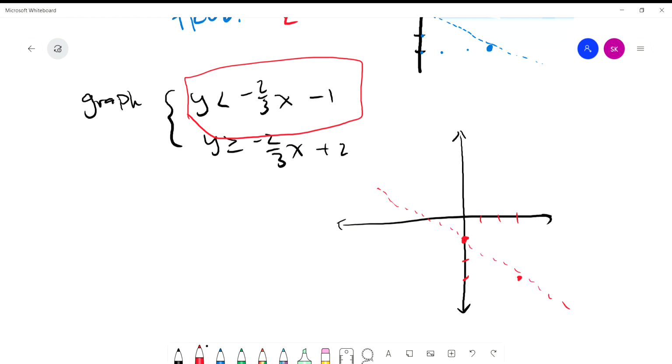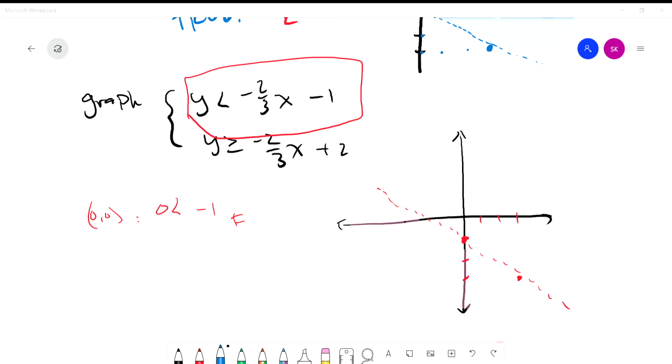And then if I test, say, 0, 0, I get 0 is less than -1, which is false, and so it's the area below it. So again, I'll shade that in. That's down here. Right.